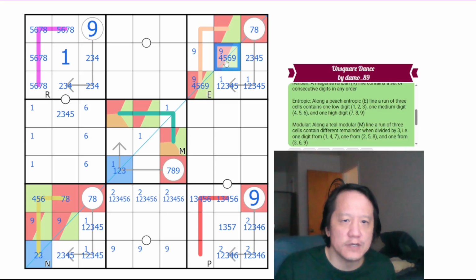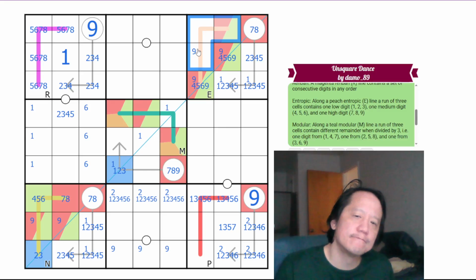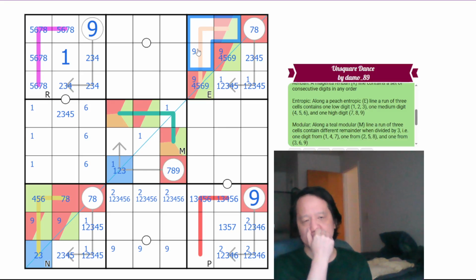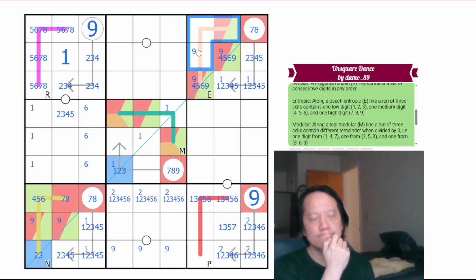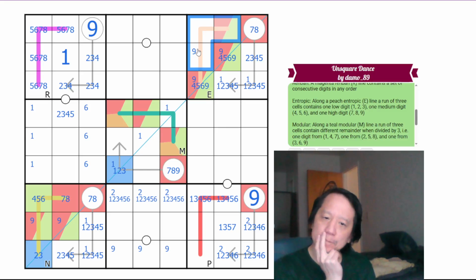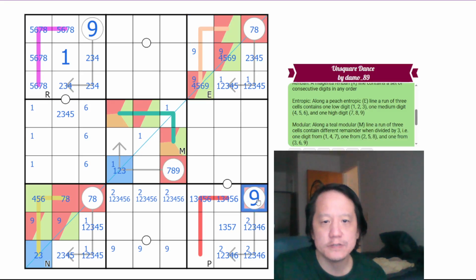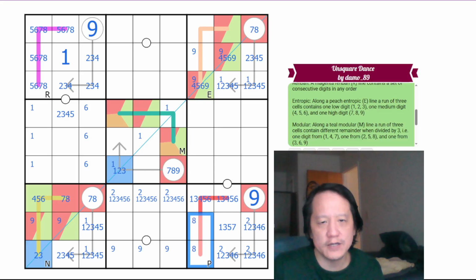Well, obviously it has to be one of these 3. Where is 8 in this diagonal or in this box? It cannot be here because of the 7, 8 pair here. So 8 has to be here.